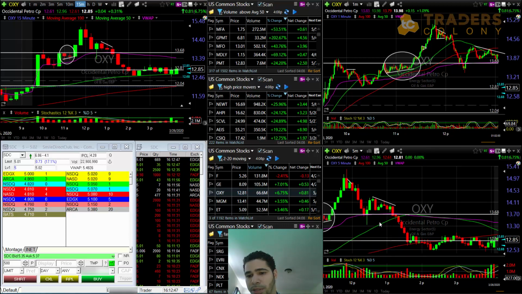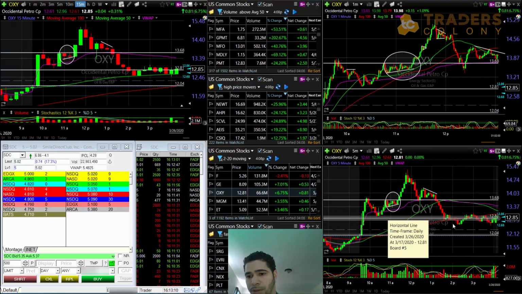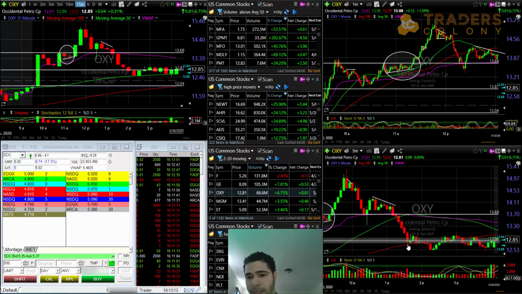Then the resistance gave us a trend line using lower highs, and this support was not able to hold this area and broke under for a retest of the prior support right here. Looking at it a little closer, we can see that it bounced off of the 100 simple moving average and started to consolidate.